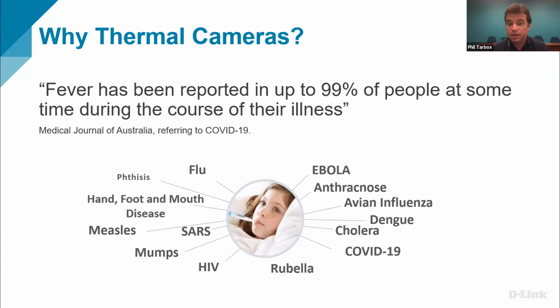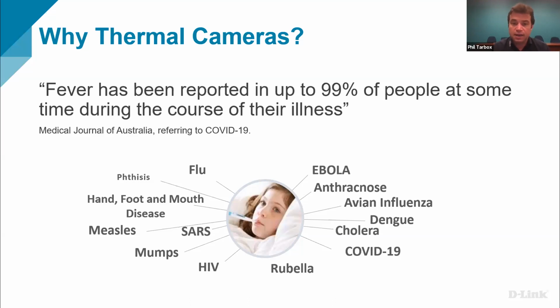There are lots of different diseases and illnesses where fever is a classic symptom. We don't see many of these regularly in Australia, but with COVID-19, I'm sure many of us have been into a school, a hospital or a medical centre where mandatory temperature checks have been done.